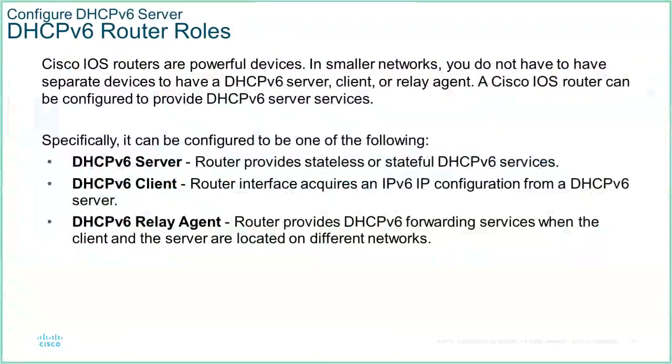So the router roles within v6, just like we have with every other option, we have the ability to make the router a DHCPv6 server or a client or a relay agent. As I said, it's not really that much different from v6 to v4. The basic concept is the same, so the functions are pretty much the same, just the way we go about configuring it.